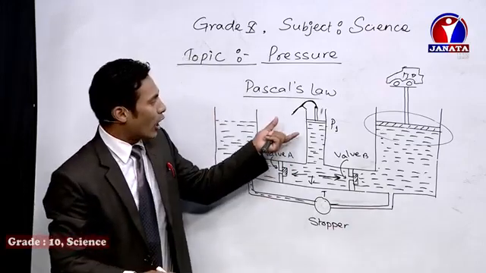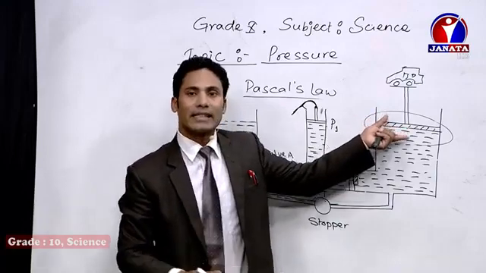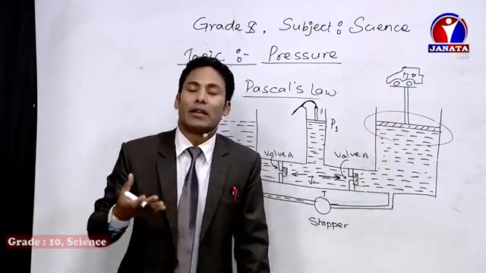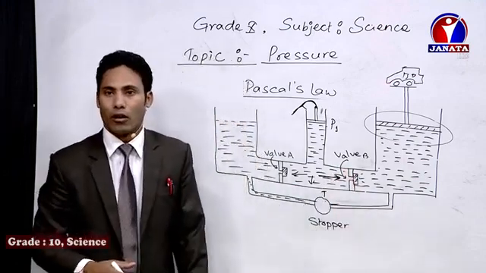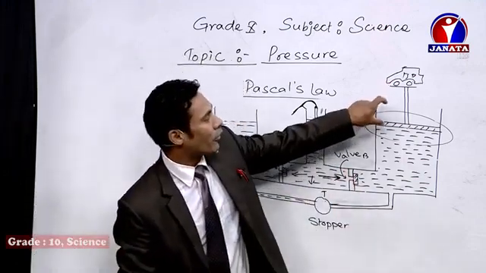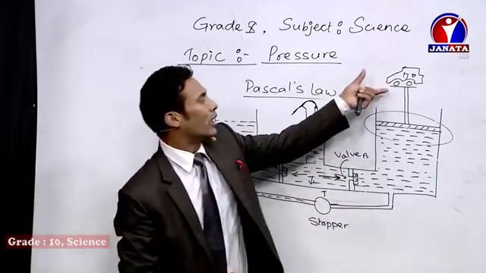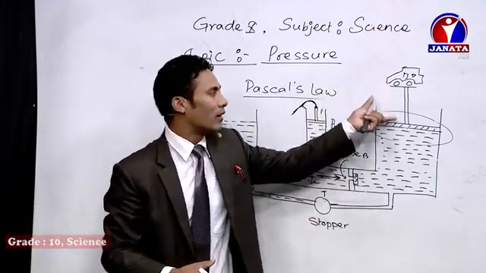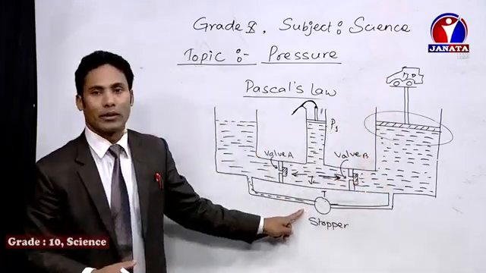That means whenever we apply force continuously here, the vehicle is continuously lifted up by the application of Pascal's law. After lifting to a certain height, whenever we need to bring the vehicle back to ground level, this stopper is useful.